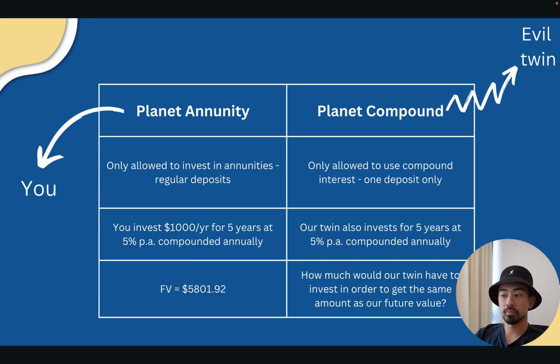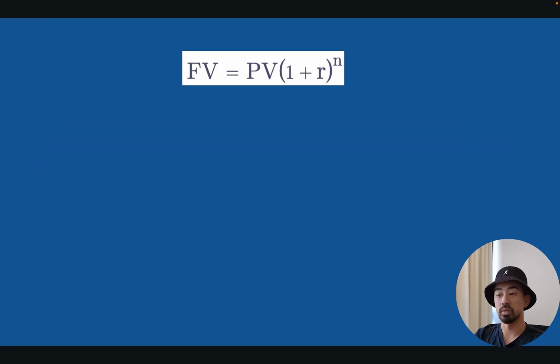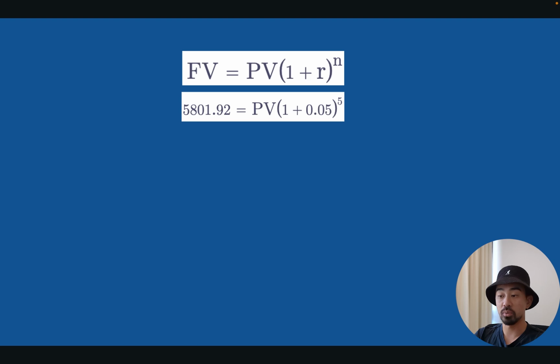Okay, well, how do we do this? So remember, circling back to what I mentioned at the start, we've seen PV before, and that comes from this formula here, the compound interest formula. Now we know what our future value is, and we know what our rate is, and also our n. So I'm just plugging it into the formula just like that.